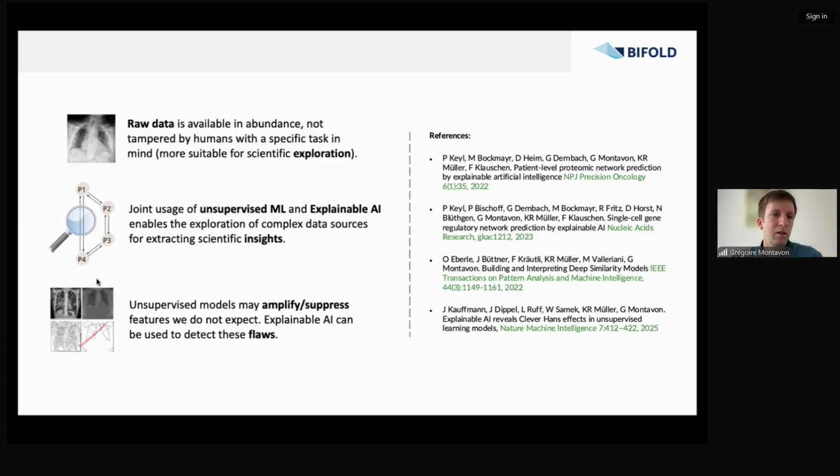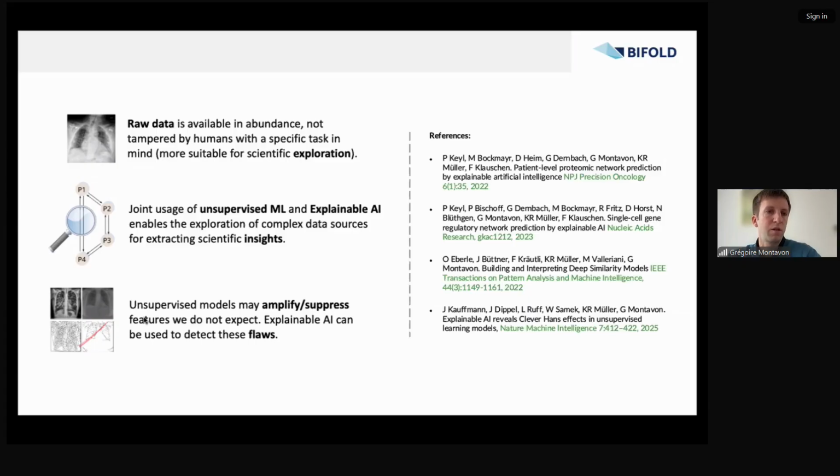And finally, in the second use case, I was talking about foundation models, and what could be identified from analysis is that there are systematic amplification and suppression effects that seem to occur in these foundation models. And they might go undetected.